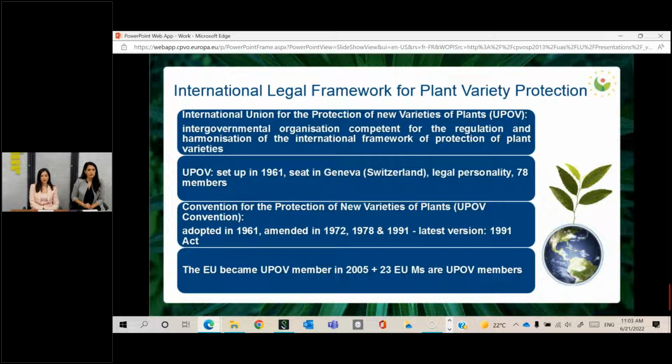The convention has 78 member states, and 23 of the 27 member states of the European Union are part of that. What is interesting to know is that this convention has several acts, several versions, and we are part of the latest one, the 1991 one. This is not the case for all the countries, but this is a completely other story.